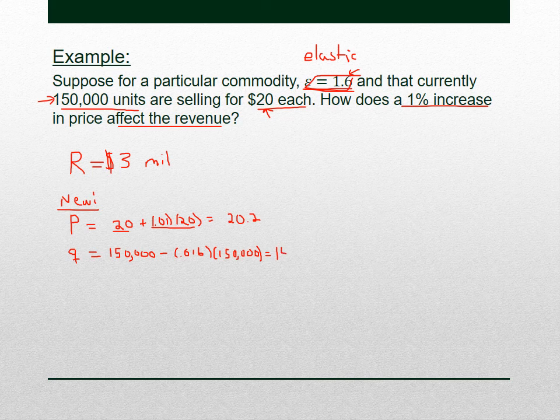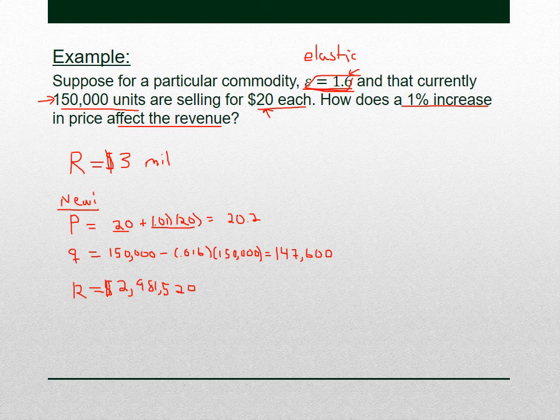I'll let you double check me here, but I got 147,600. That is our new quantity. So our new revenue is the new price and new quantity multiplied together. Again, you should double check me, but I got 2,981,520. That's in dollars, and that's our new revenue.